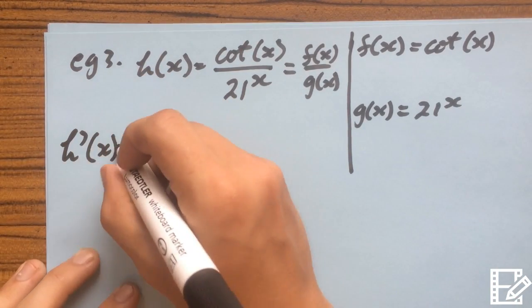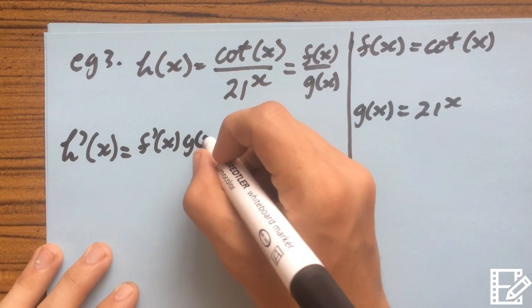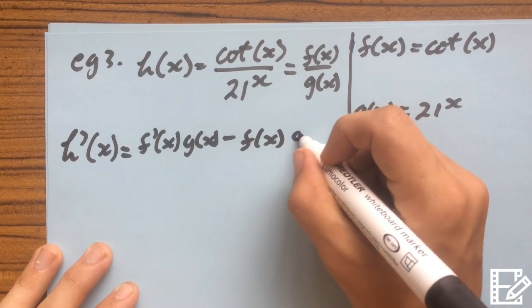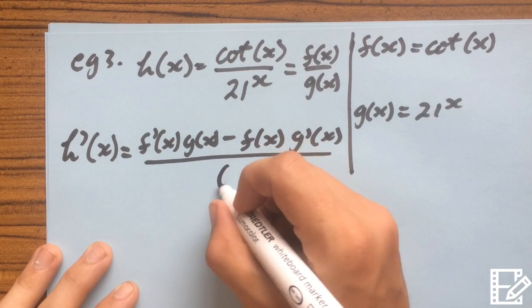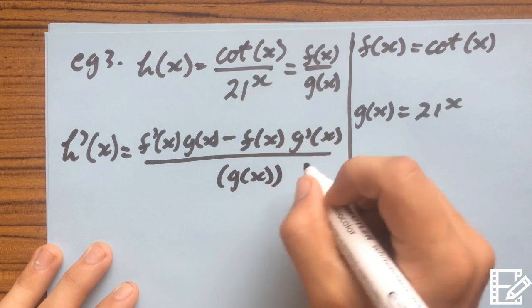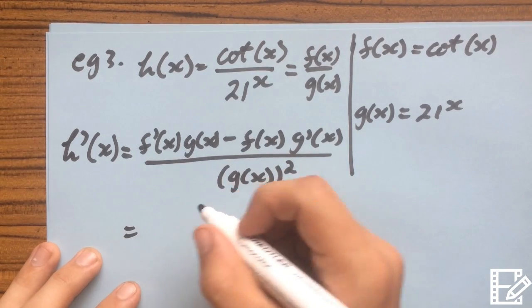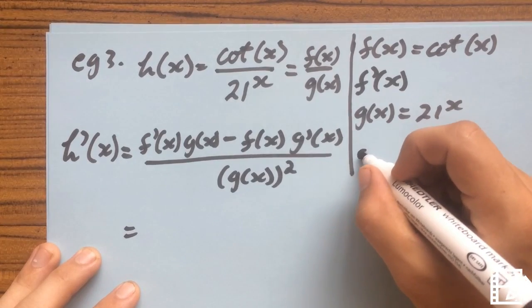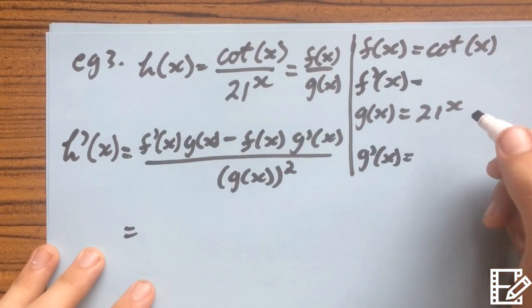The equation is f dash x multiplied by g(x) minus f(x) multiplied by g dash of x, all over g(x) squared. We need to find the derivative of f and the derivative of g in order to complete this.